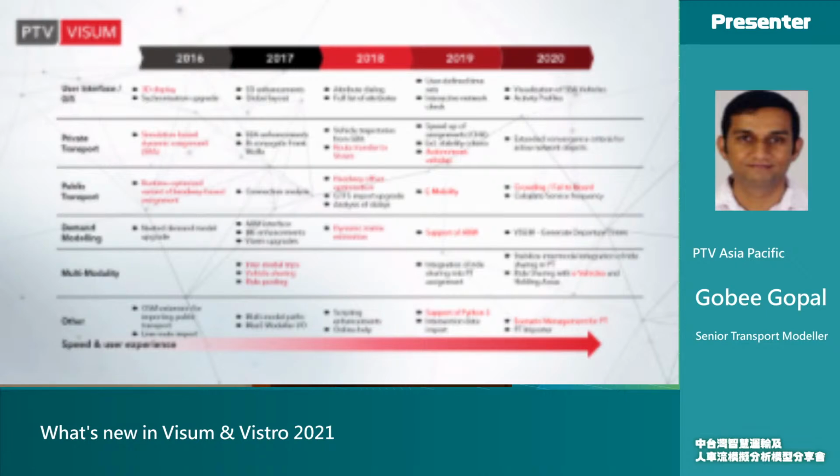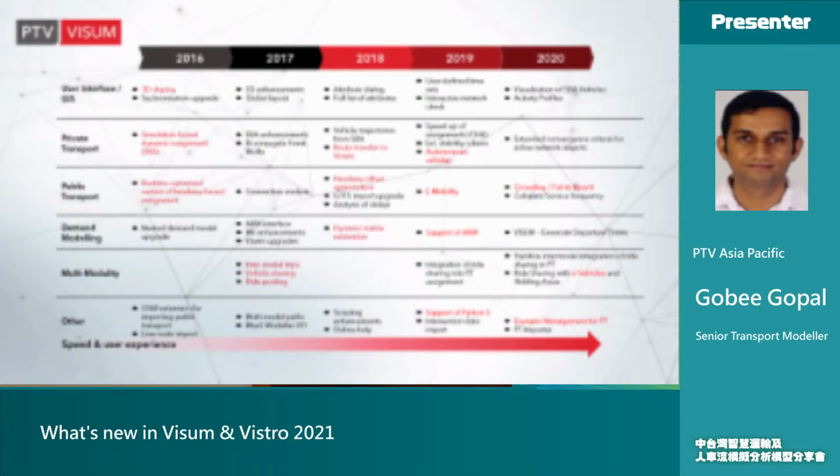In 2017, we improved multimodality, intermodal trips, vehicle sharing, and ride pooling. In 2018, route transfer to VISSIM, headway offset optimization, and dynamic matrix estimation. In 2019, we introduced autonomous vehicles, e-mobility, support of ABM, and support of Python 3.